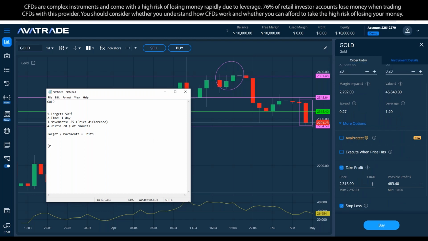So I'm going to write down price per unit times units, again, lot amount, equals value. And in here, we're going to write down value divided by leverage equals margin impact, which is also known as the necessary amount to open the position.